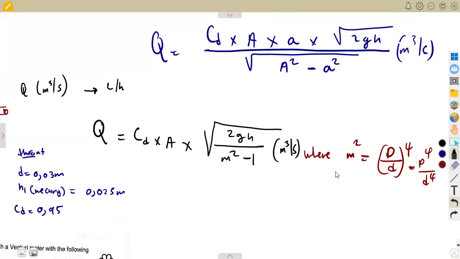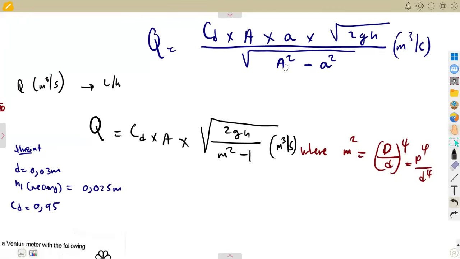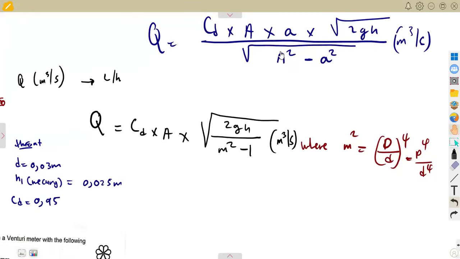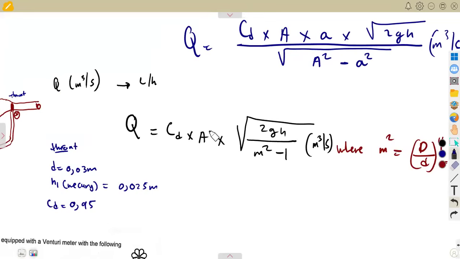I'm going to opt for the second one. I want you to use the first one to prove and see if you're going to get the same. But as for me, I'm going to work with this one. Meaning to say here, I'm just going to need the area of the pipe, and I'm going to need M squared. Everything is there.